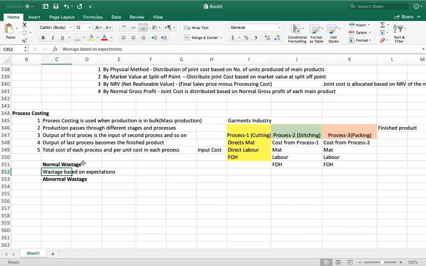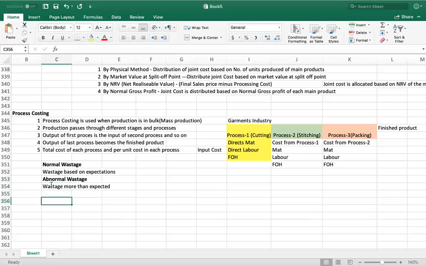So based on your past experience, whatever wastage you have is known as your normal wastage. Abnormal wastage is more than expectation. So wastage more than expected. For example, management is expecting that 5% of material will be wasted, but actual wastage is maybe 20% or maybe 30%. How much more, that is your abnormal wastage.